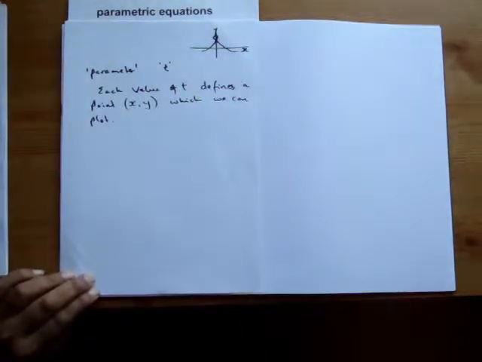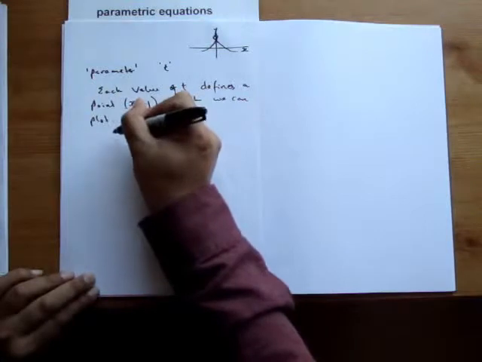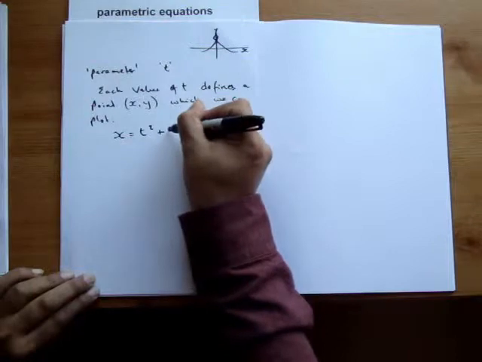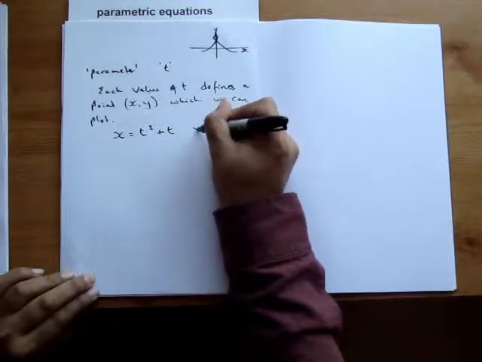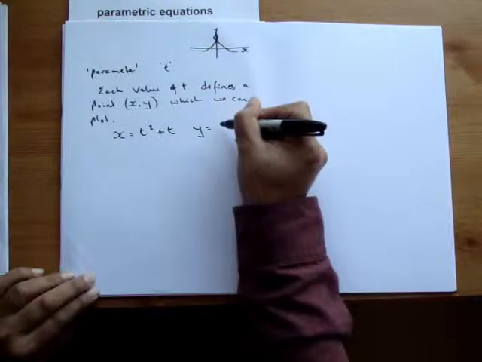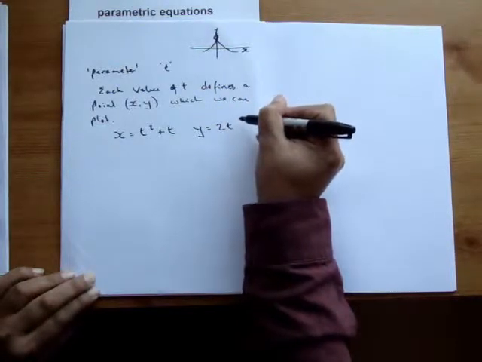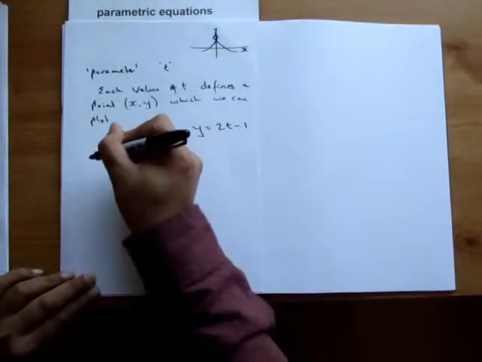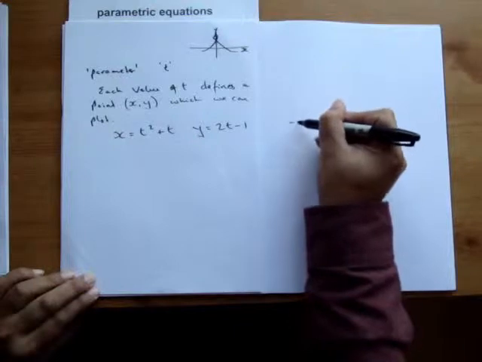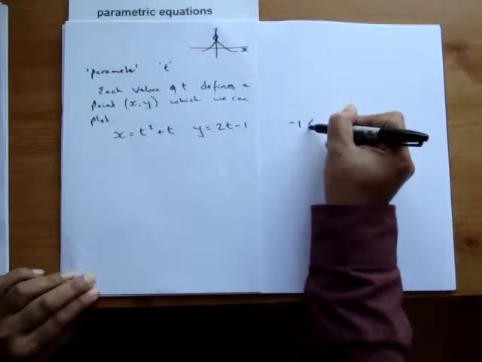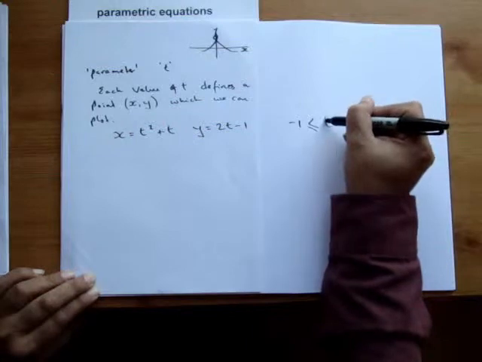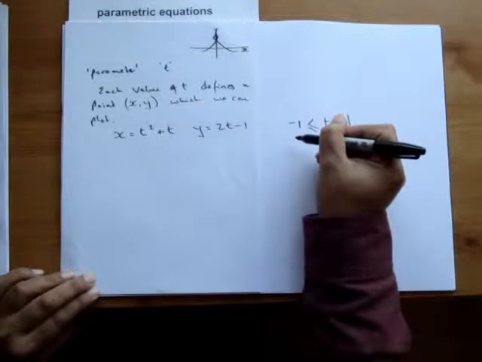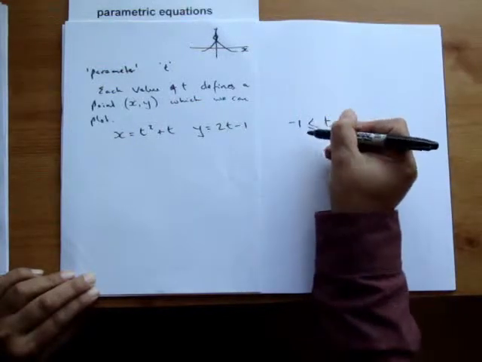So for example, if we have x equals t squared plus t and y equals 2t minus 1, and we have t between the limits minus 1 and 1, so we cannot go outside this range.